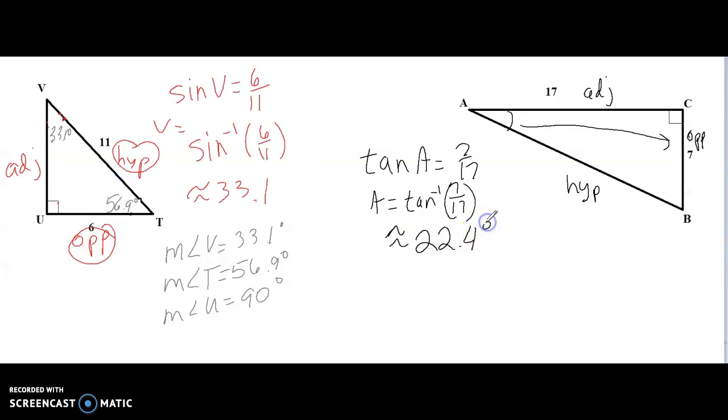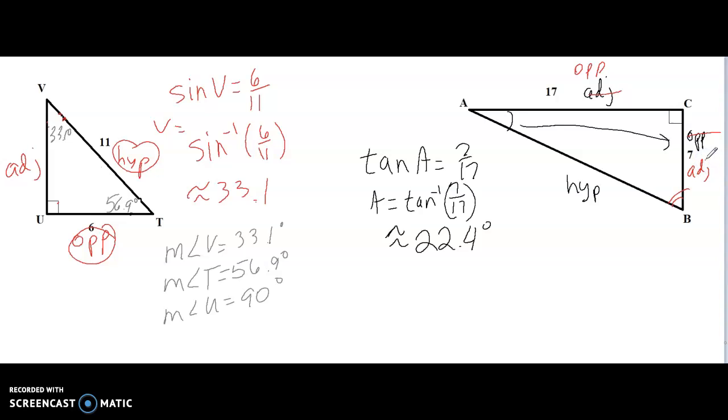Now, if I were to switch this up and look for angle B instead, this is no longer my opposite and adjacent. This would be my opposite here, and this would be my adjacent.